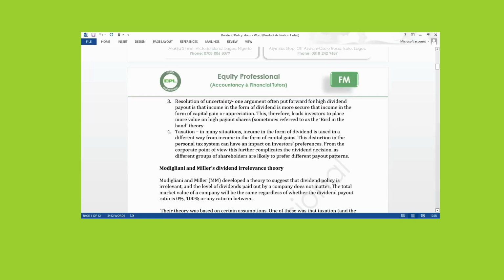Modigliani and Miller argued that dividend policy is irrelevant. It does not matter the amount you pay as dividend. Company market value will not be affected.